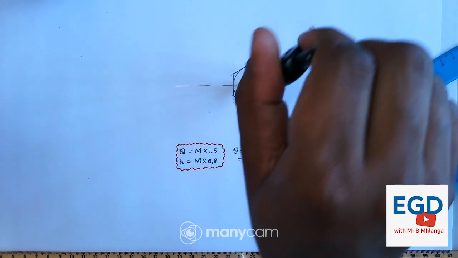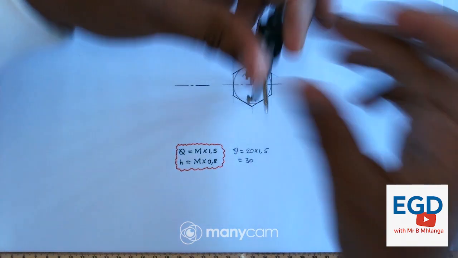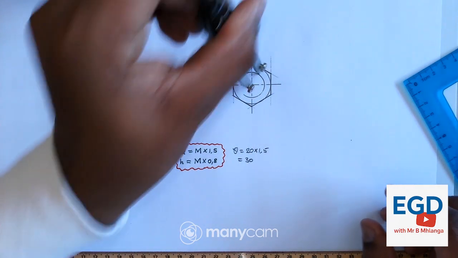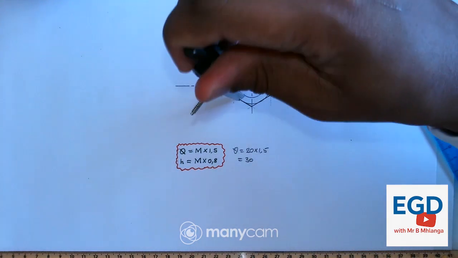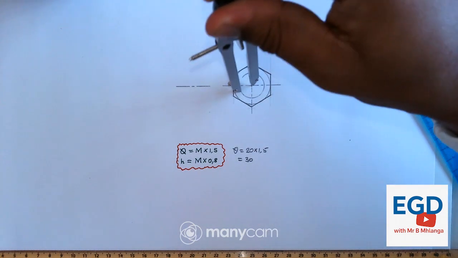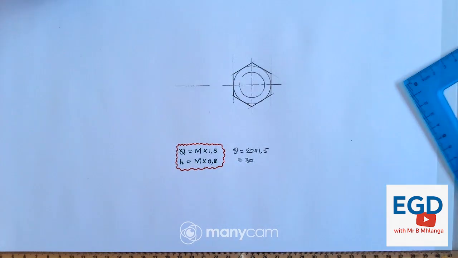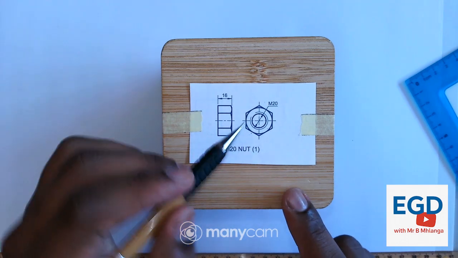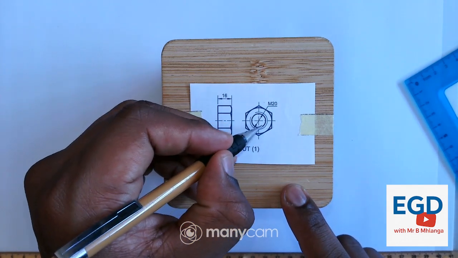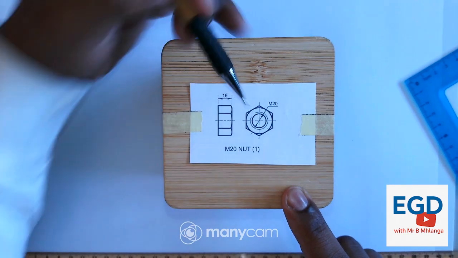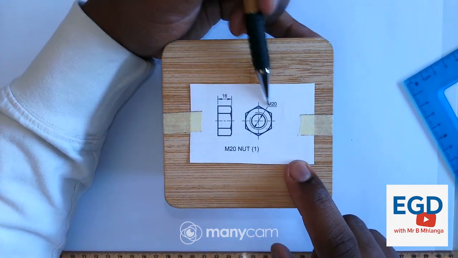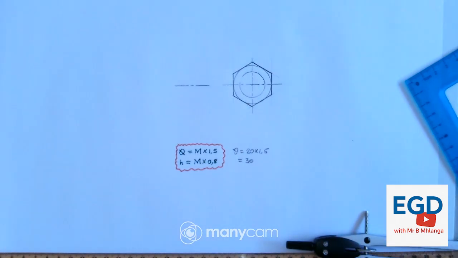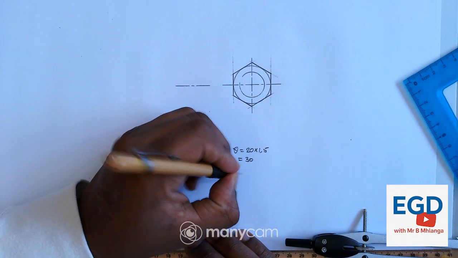So I'll just draw the arc just like that. And then when it comes to this inner one, I'll have to multiply the M value by 0.1, right?